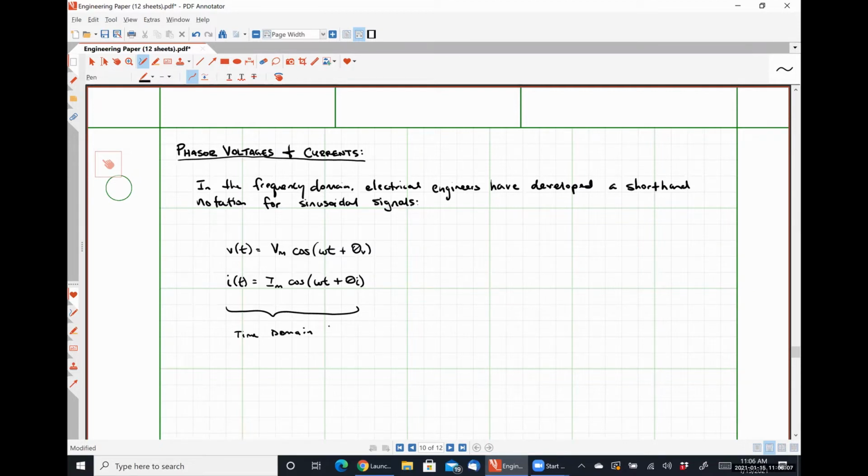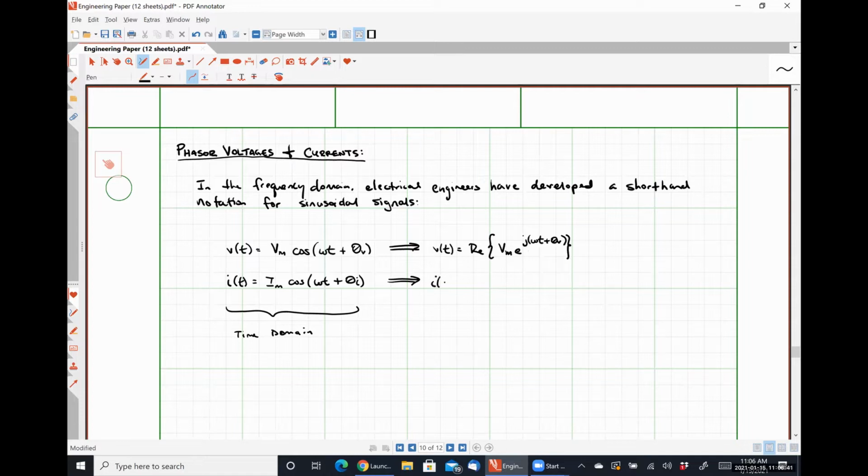We can use Euler's identity and say that V of t is simply the real part of the complex number Vm, sorry, no cosine there, e to the j omega t plus theta v.